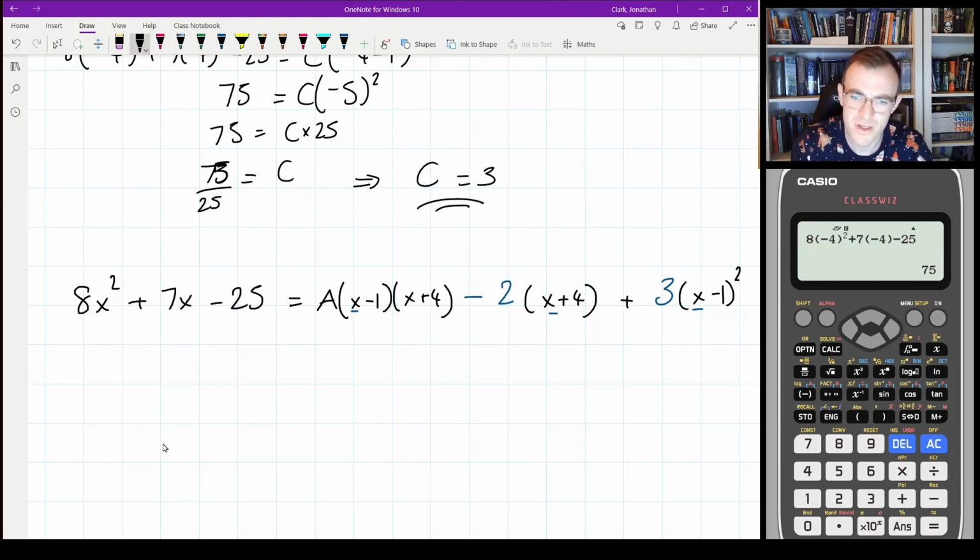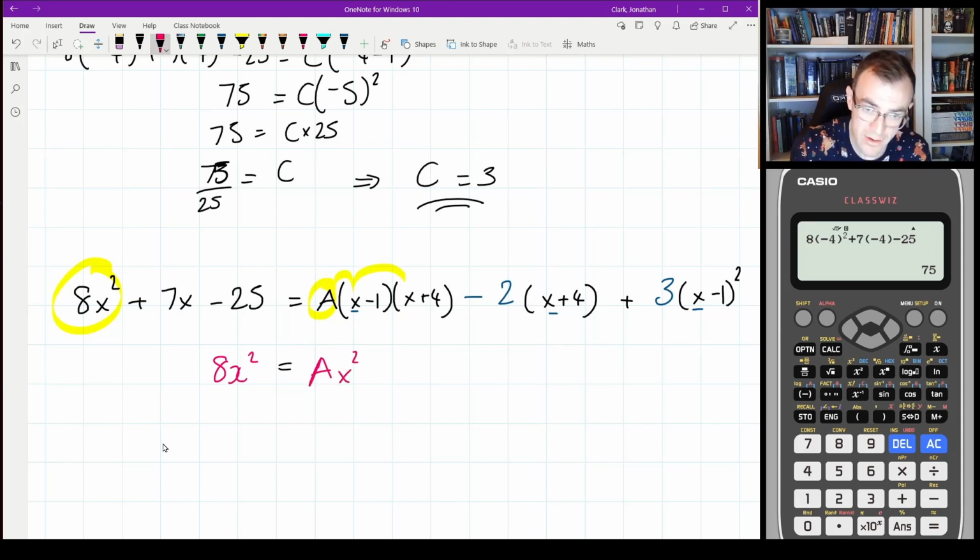The other thing you can do is you can compare coefficients, right? And I think this is usually a little bit quicker. What you can do is you can say, okay, notice on the left-hand side there's 8x squared currently. If you were to expand all of the right-hand side out, you'd end up with ax squared, whatever a is, from expanding this bit here. And if you expanded this middle bit, you wouldn't get any x squareds there.